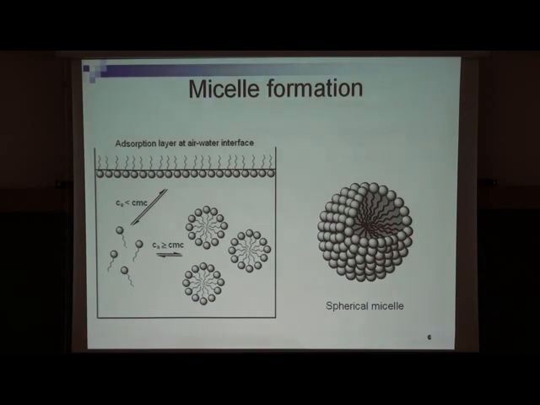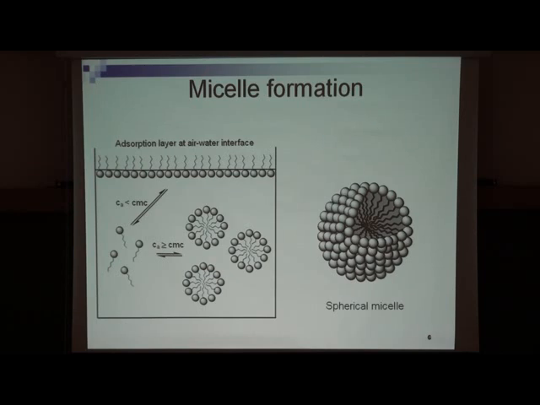As the concentration of the amphiphilic molecule is increased in water, an equilibrium is reached where the structures, so-called micelles, are formed. In this structure, hydrophilic parts are on the surface of the micelles, and they protect the hydrophobic tail from the surrounding water.